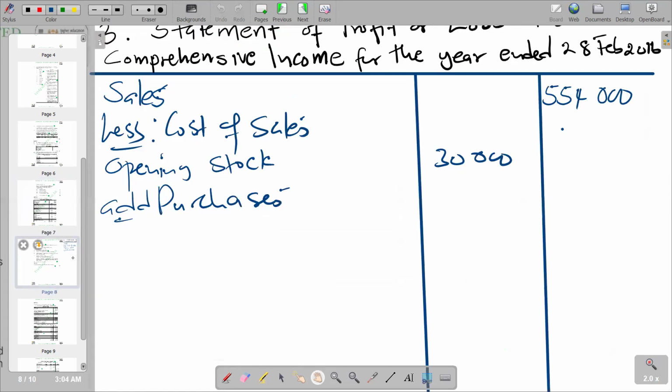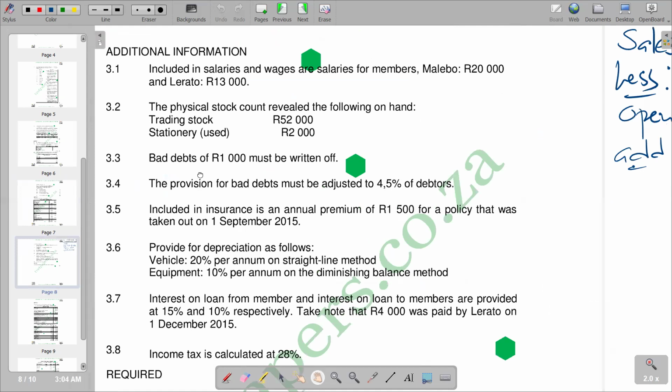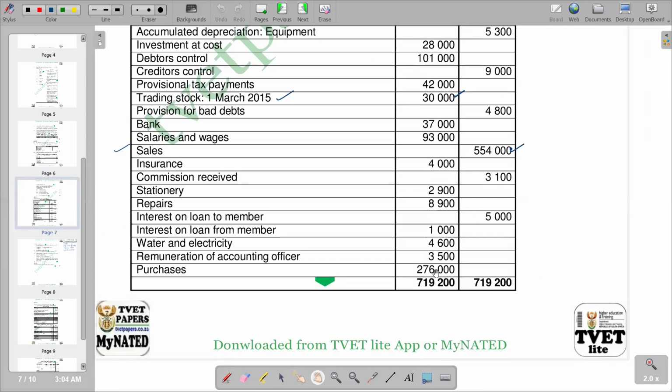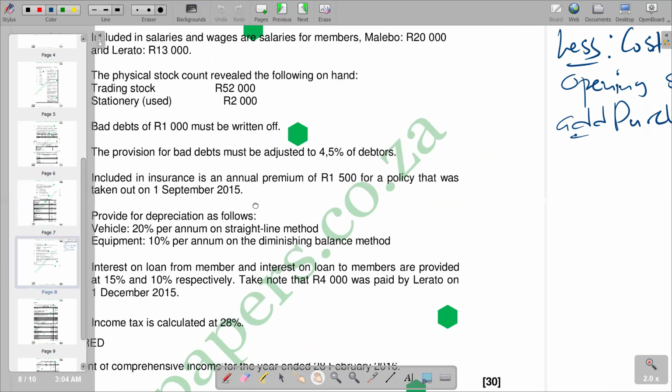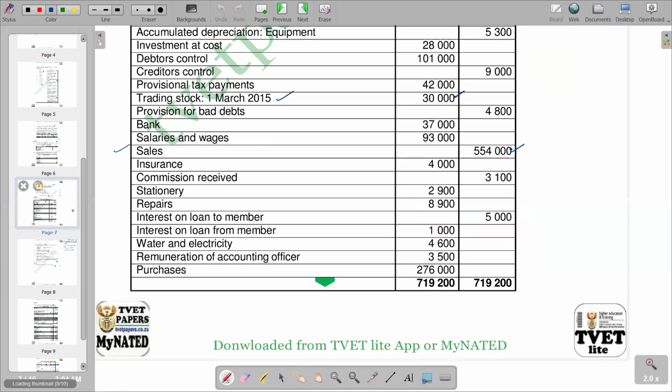So we go to the additional information again and check if we have anything that is going to reduce our figure for purchases. You see that there's nothing. So in that case, we take the figure that we have here, which is 276,000, and we indicate 276,000. After adding purchases, we check if you have any carriages, carriage inwards or carriage on purchases.